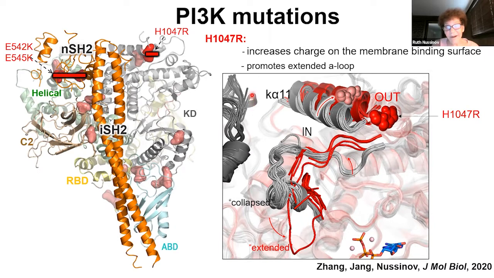So here, we said the first two break the interfaces. This one increases the charge on the membrane binding surface, and what was not suggested before, it also promotes an extended activation loop, which now we know is a typical feature of the active state.